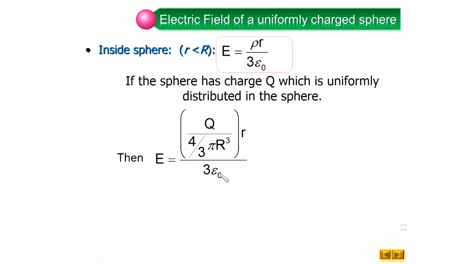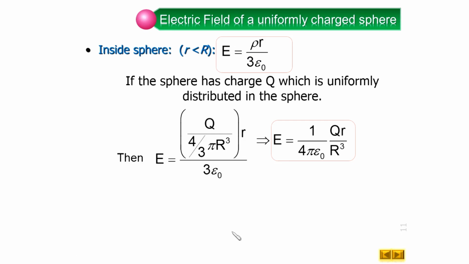Now we can rearrange this. We can cancel out this 3 and 3, and we can write here Q small r divided by 4 pi epsilon naught capital R cube. Again we can observe here we have the linear variation.